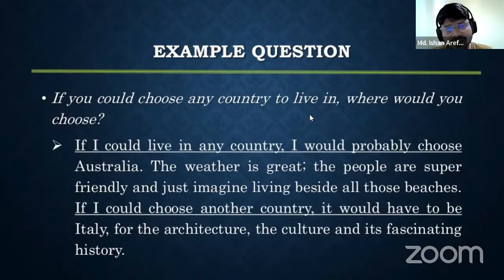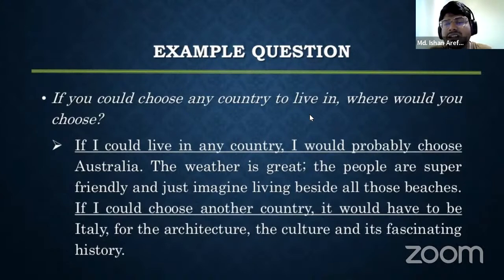So, as I was discussing, you have to answer this kind of hypothetical question from your imagination, and you can say that if I could live in any country, I would probably choose this country. It's based on your opinion. Then we will follow the generic pattern for answering. The generic pattern is to give an explanation of your answer, why you have said that, why you have chosen that particular country.